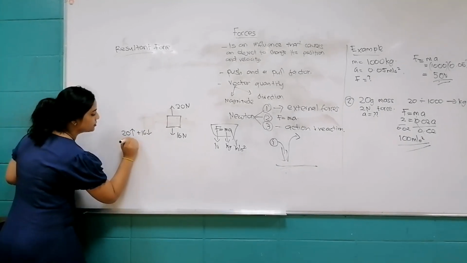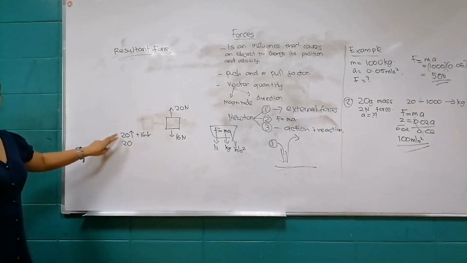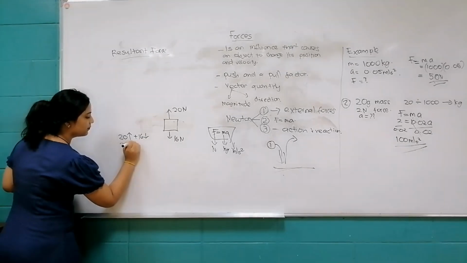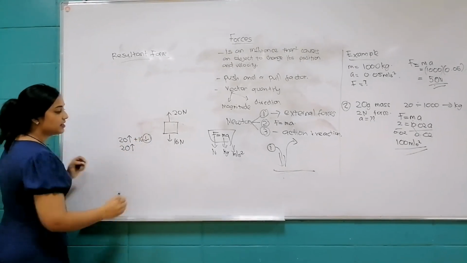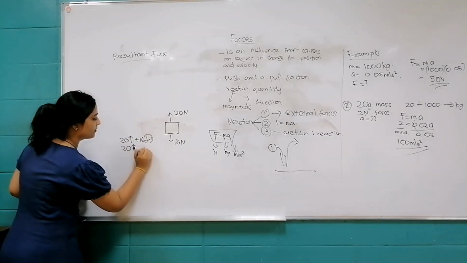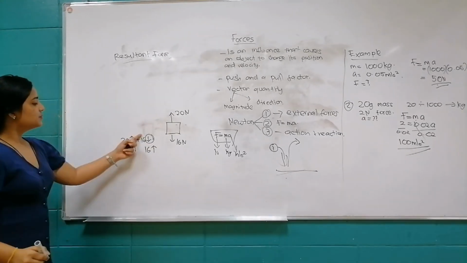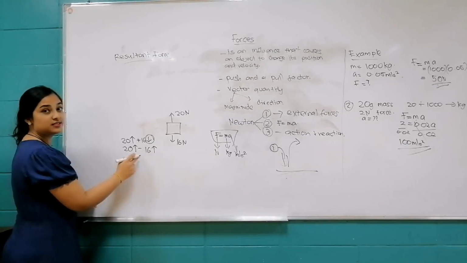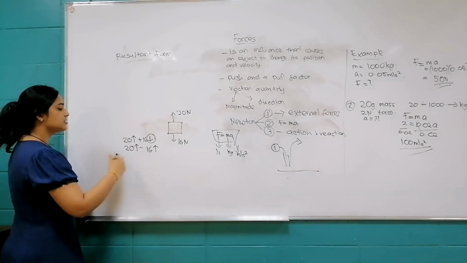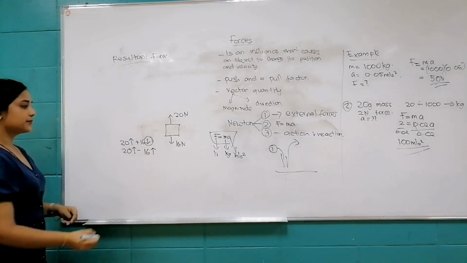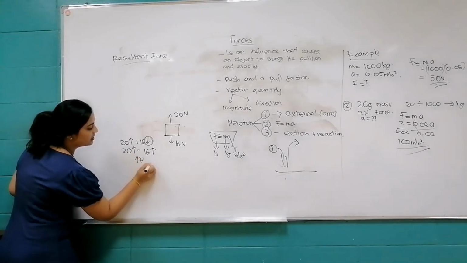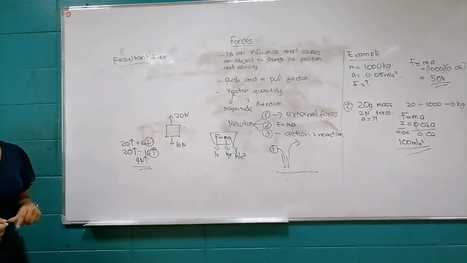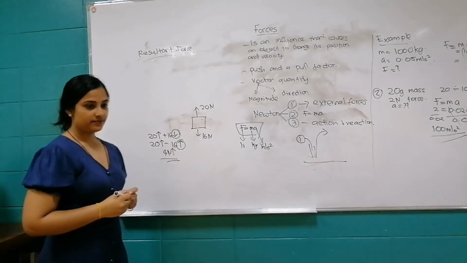So in order to solve this, we can see that 60 newtons is greater than the 20 newtons. So change the direction of the 20 newtons upwards into downwards, and when we do that, this positive will change into minus. Now we can see that the direction is the same, so we just subtract directly, 60 minus 20 is 40. So the resultant force is 40 newtons in this direction, downwards. That is a resultant force.